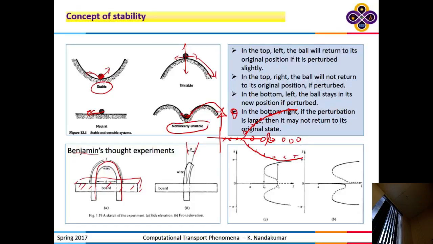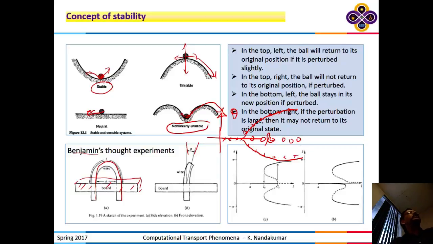So there is some sort of a hysteresis behavior here with respect to the length. So this would be called a subcritical pitchfork bifurcation. That would be called a supercritical pitchfork bifurcation, because you increase the length and decrease the length, it follows the same path. Like that. Okay? Any questions on that?